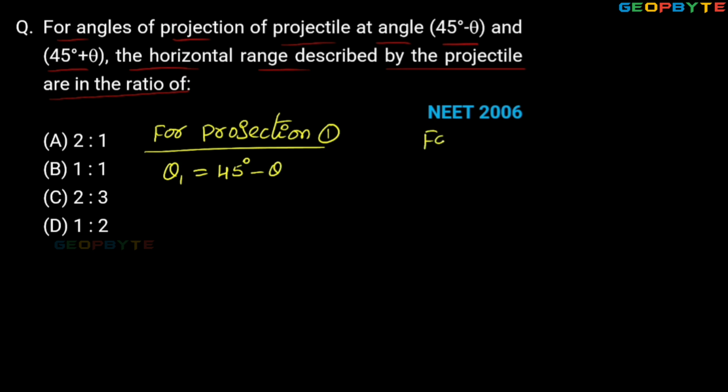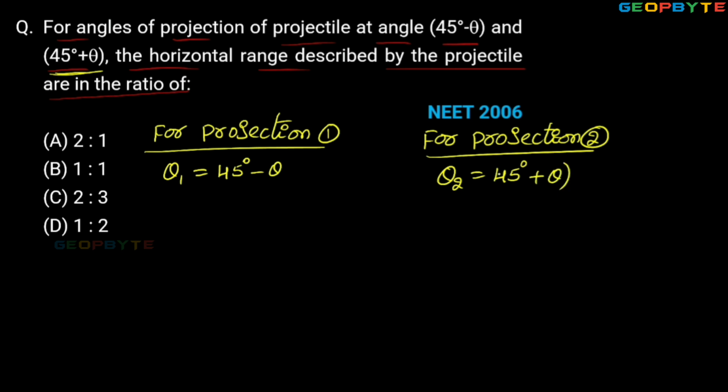For projection 2, the angle of projection theta 2 equal to 45 degrees plus theta. Let H1 be the horizontal range for projectile 1 and H2 the horizontal range for projectile 2.